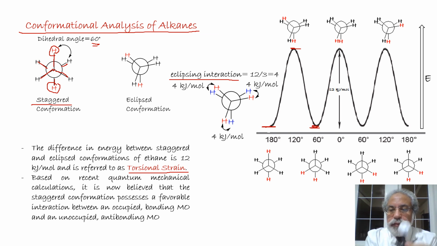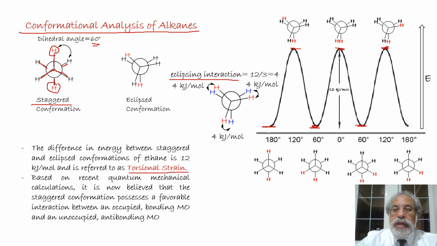Another 60 degrees we get to eclipsed. One more time, 60 degrees, we end up with the staggered form. 60 degrees, eclipsed form.